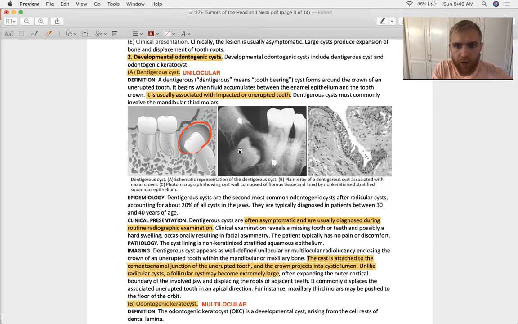And the cyst is connected to the cemento-enameled junction of the unerupted tooth, which is basically the midline of the tooth. It's a histological line connecting the top to the bottom of the tooth. And once more, the cyst is lined by a squamous epithelium.